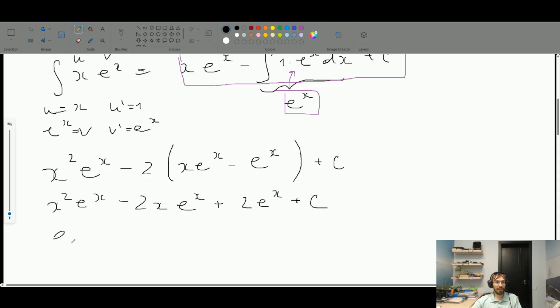And of course we can take e to the power x out, since it's present everywhere, and we get e to the power x in brackets, then x squared minus 2x plus 2, then plus c. That's the result for that integral.